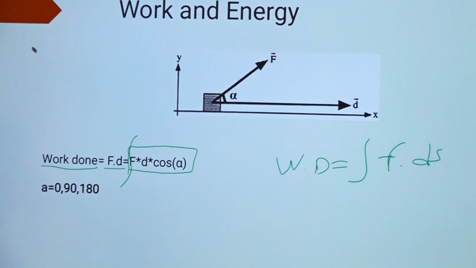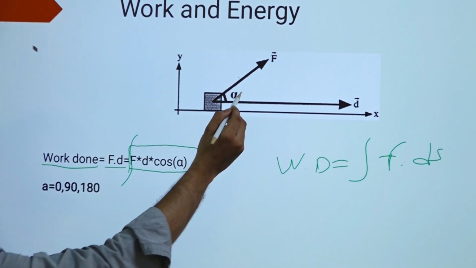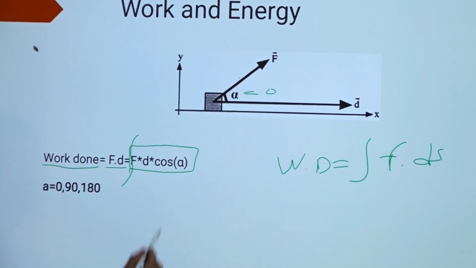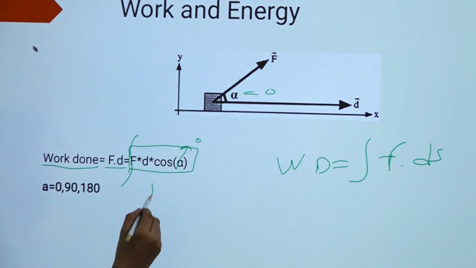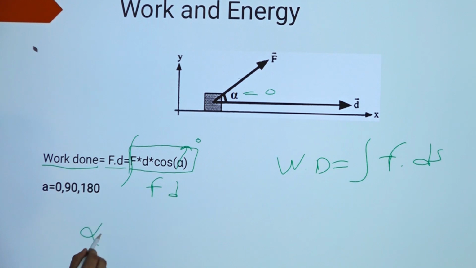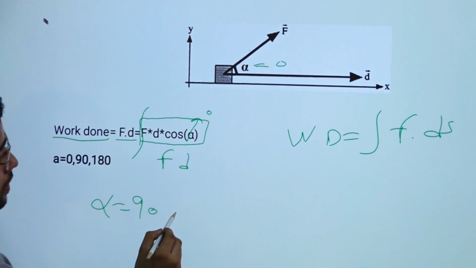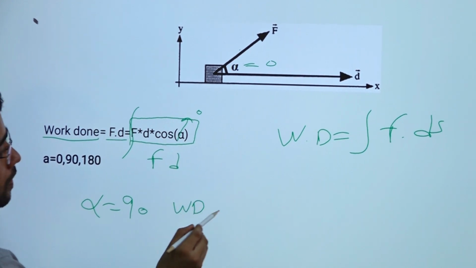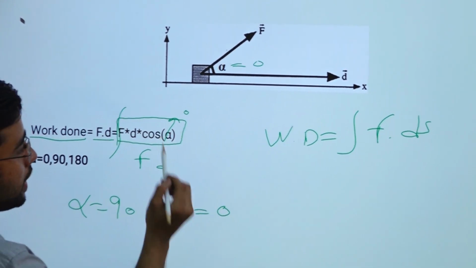So now we need to find out, suppose alpha is equal to 0. At that time what will happen? Alpha will become 0 here and we will get f into d, maximum work done, right? Suppose alpha is equal to 90, that time what will happen? Alpha here will become 90, then you will get work done is equal to 0, right? Because cos 90 is equal to 0.